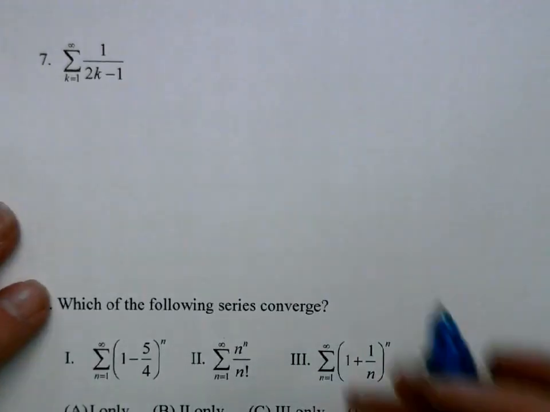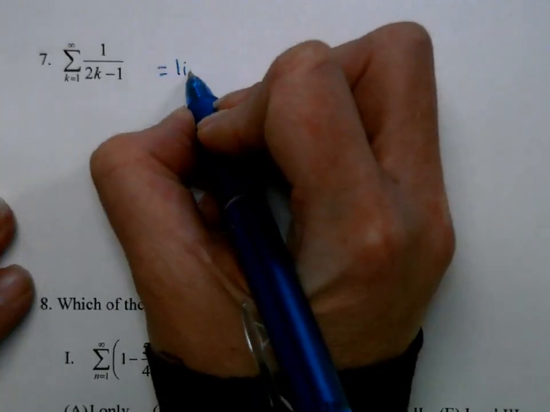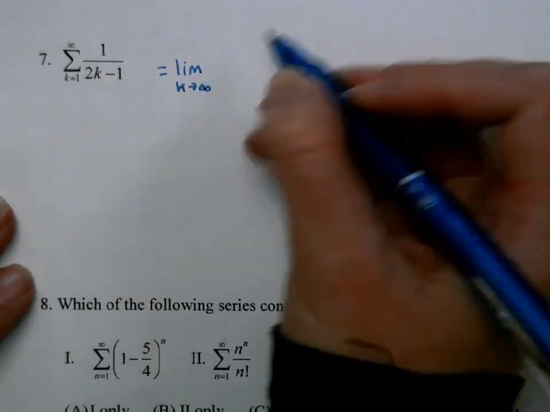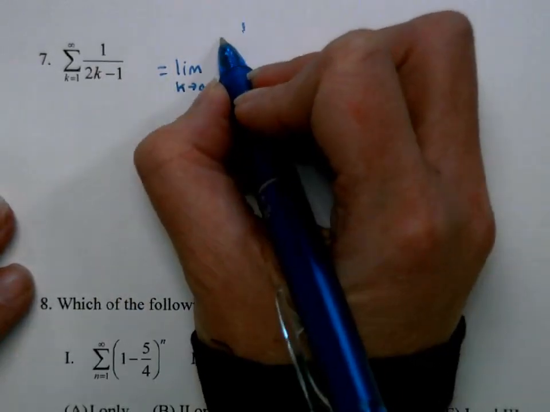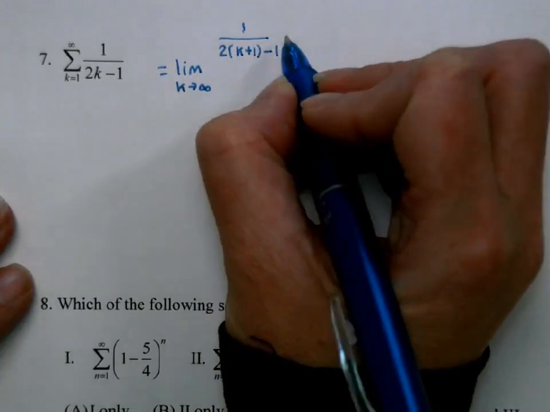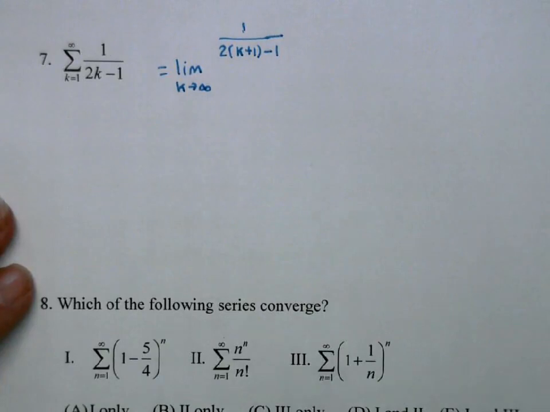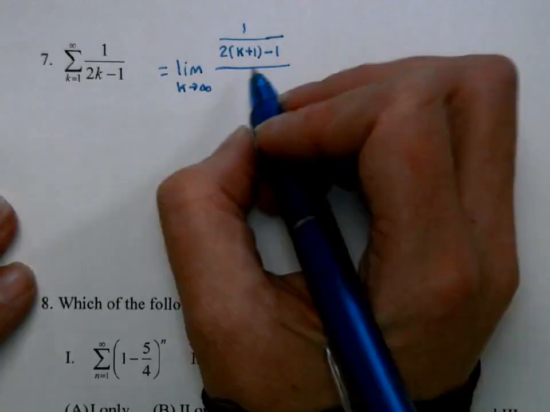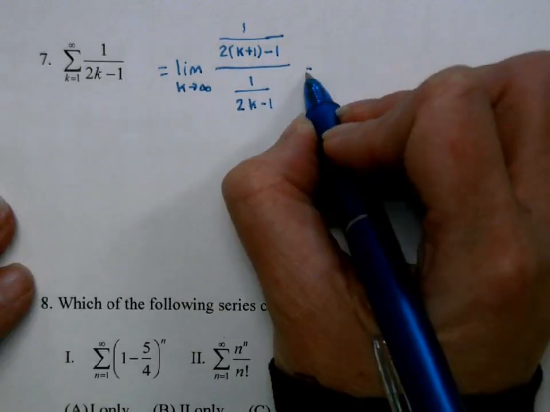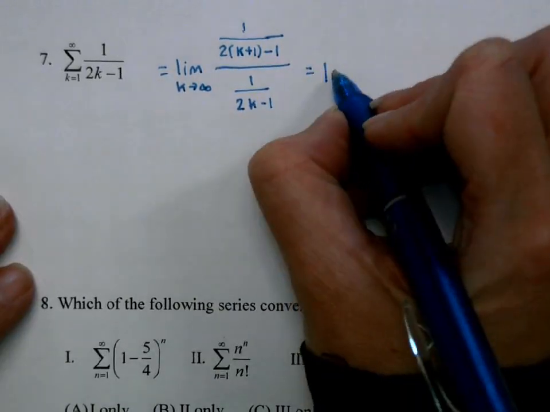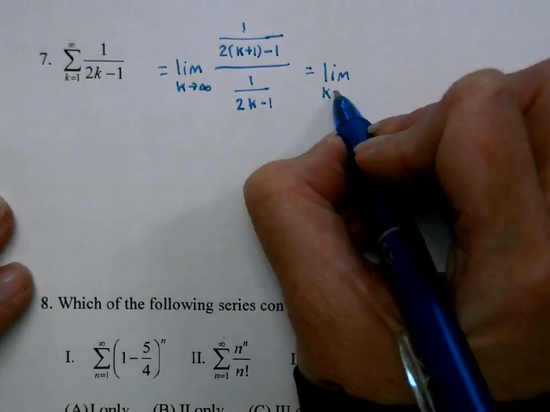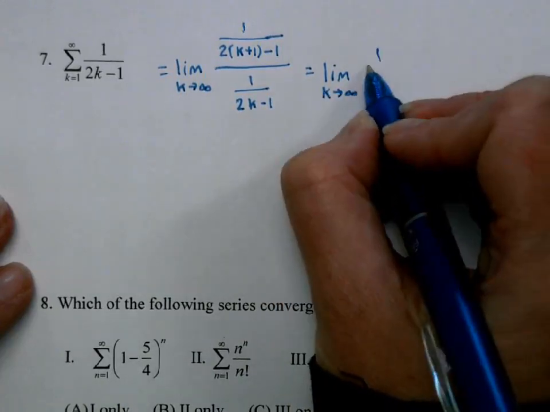Next one. We're going to have 1 over 2 to the k plus 1 minus 1. So I just add 1 directly to that k value. Okay, here I'm going to distribute.